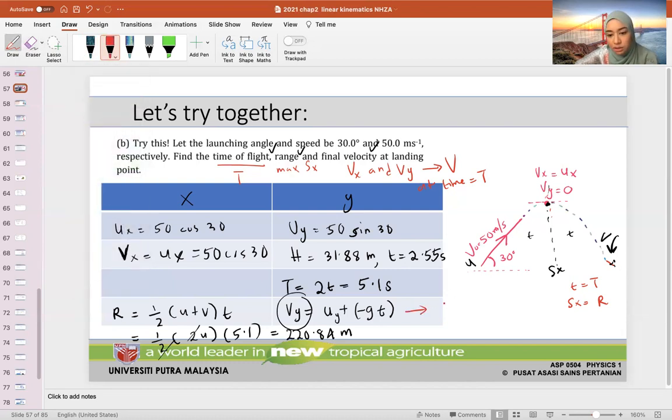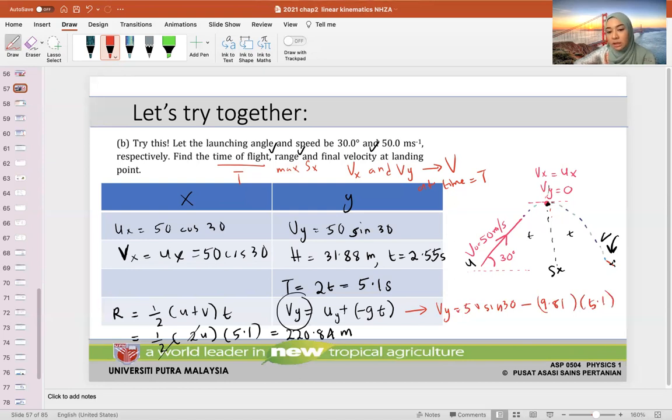So this equation: Vy equals 50 sine 30 minus 9.81 times 5.1.